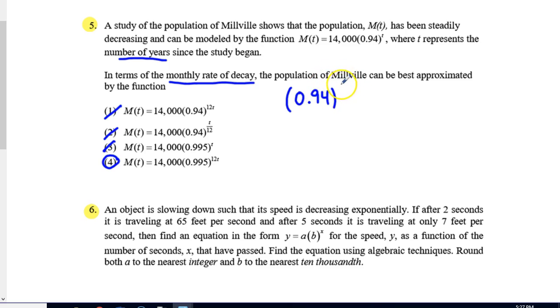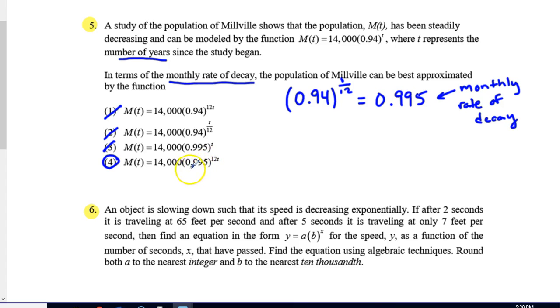So the way to get the monthly rate of decay is to raise the yearly rate to 1/12. Okay? When you do that math on your calculator, it turns out to be 0.995. And when we look at this choice here, it has that monthly rate of decay, and every year, which is t, we're getting 12 of them.